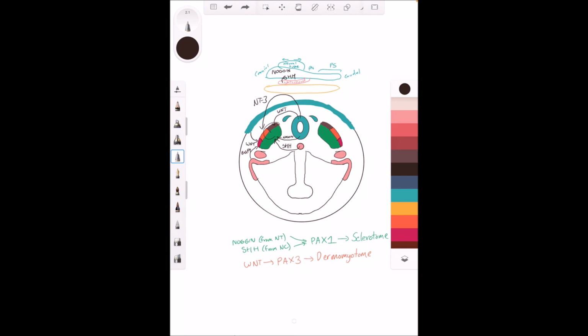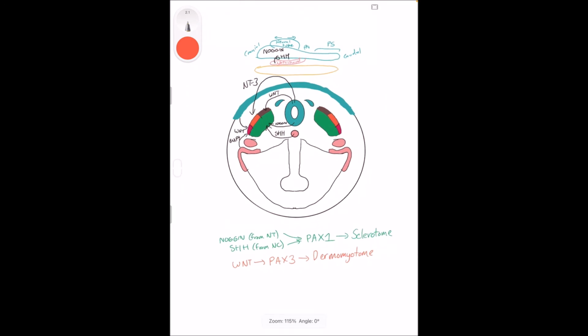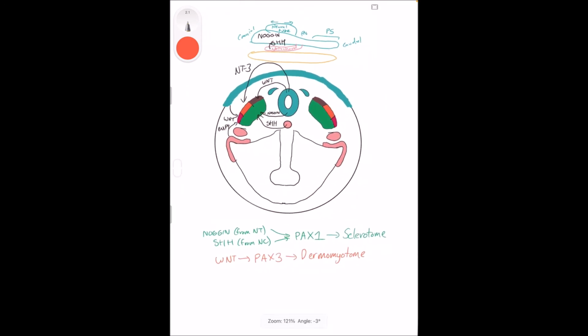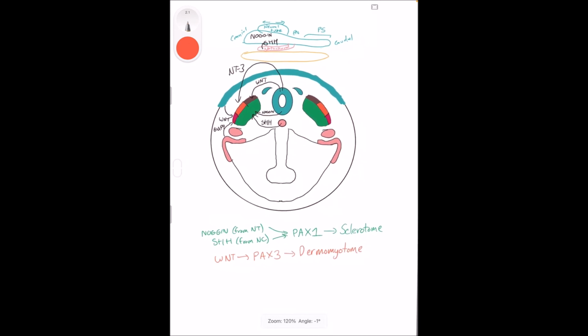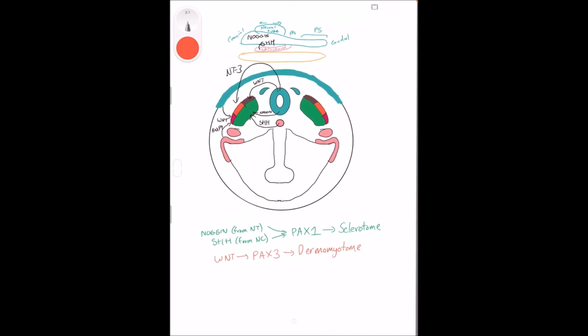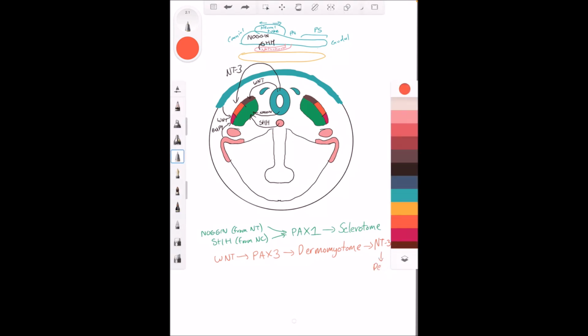It's more acting on the orange area, and that's going to cause the dermatome part to become the dermatome and not turn into any muscles. Okay, so we start with dermomyotome, and then if we have NT3, that will turn into the dermatome.